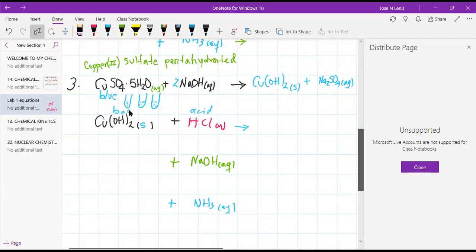So we have an acid-base reaction. And that makes sense to think that that will form the salt, which is copper 2 chloride, CuCl2, which is soluble in water, it's aqueous. Copper 2 chloride plus water.